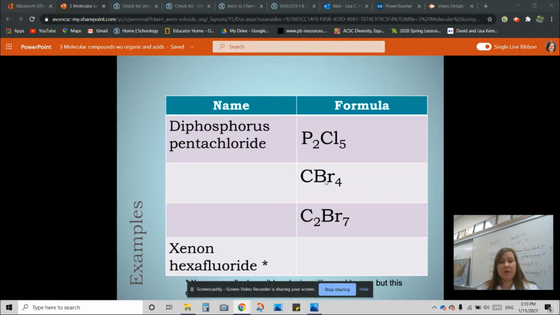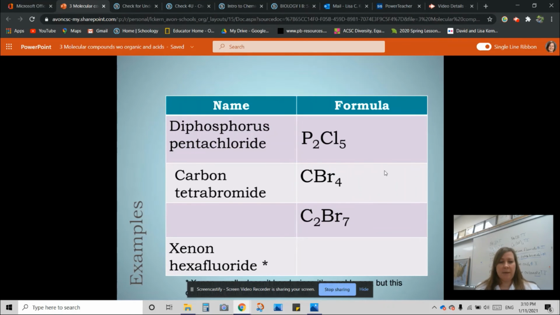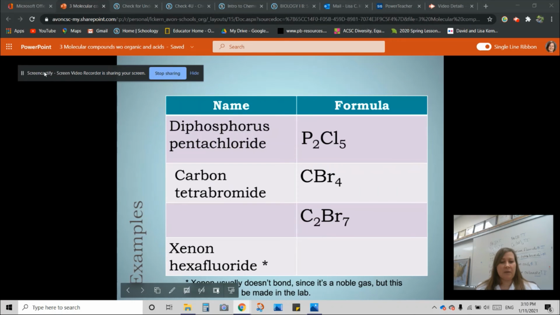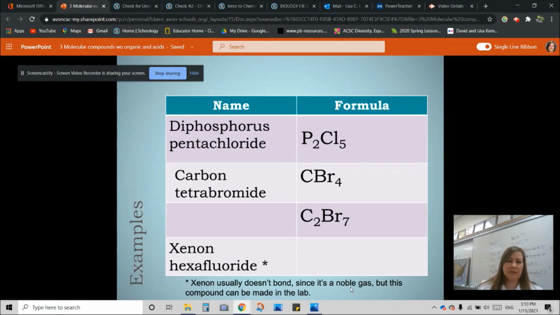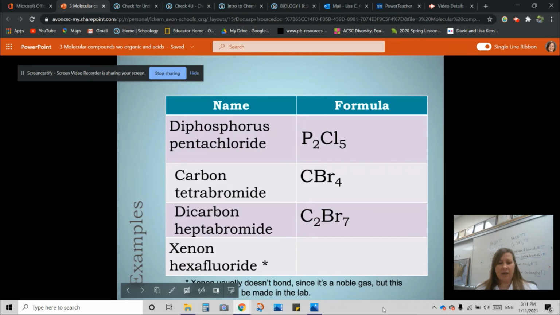And it's 2 words, carbon tetrabromide. And on our next one, we have C2Br7. C2Br7 is going to be dicarbon, and then 7 is heptabromide. Dicarbon heptabromide.